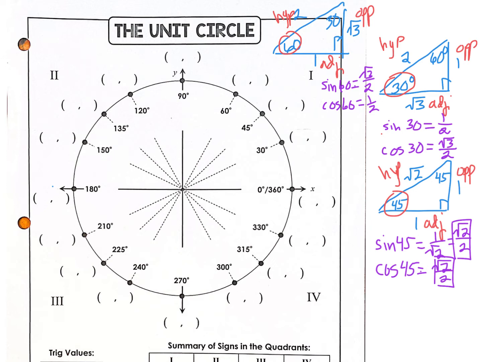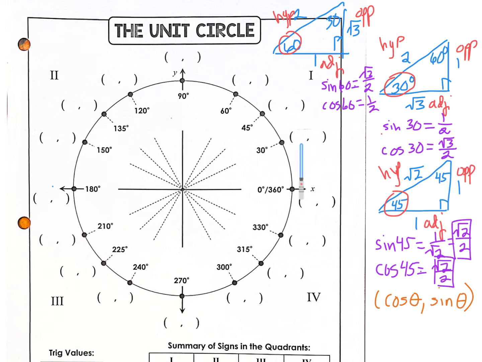All right, so based upon my right triangle information, that's what we're going to write for sine and cosine. So I know that, remember, in my unit circle, my ordered pairs go cosine of theta, comma sine of theta, right? So here we go.